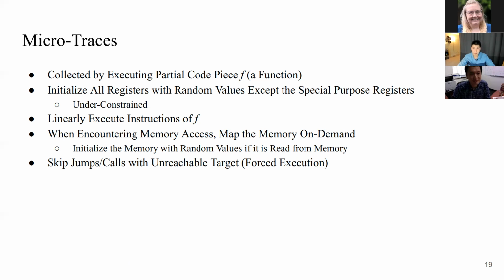And then we leverage the idea of forced execution, which skips unreachable jumps and calls, and helps the model keep executing the function till the end and exposes more behaviors. While this introduces more under-constrained execution traces, we find it to be beneficial for obtaining more diverse instructions for pre-training.